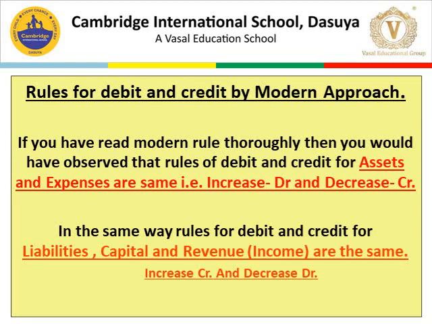Students, if you have read the modern rules thoroughly, then you would have observed that rules for debit and credit for assets and expenses are the same. That is, increase in assets and expenses is always debit, and decrease in assets and expenses is always credit.